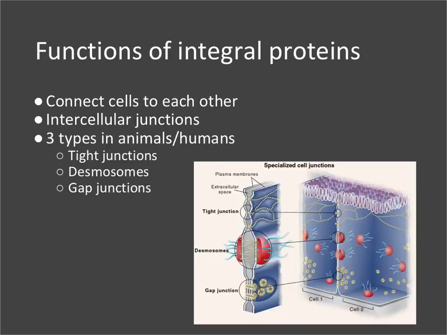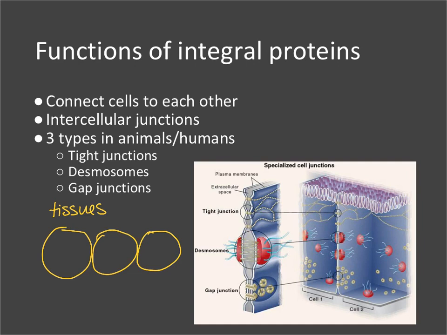Integral proteins can also work as a way to essentially attach cells to each other. So far we've talked a lot about cells being these independent units, but in reality, cells often work together to form these things called tissues. So tissues are just cells that are working together to carry out a function.